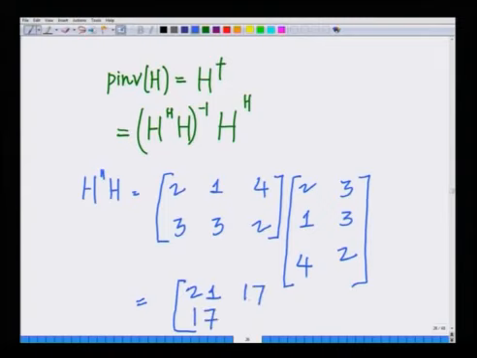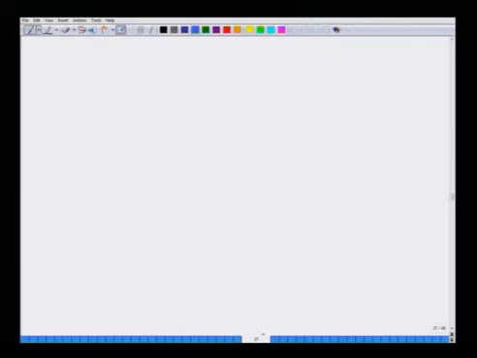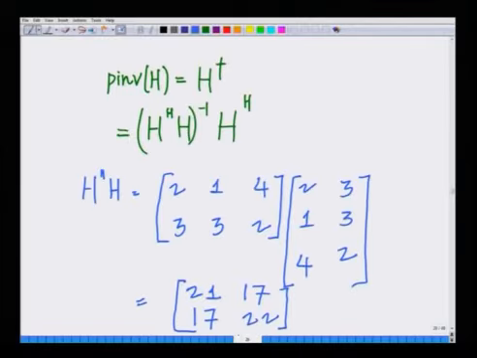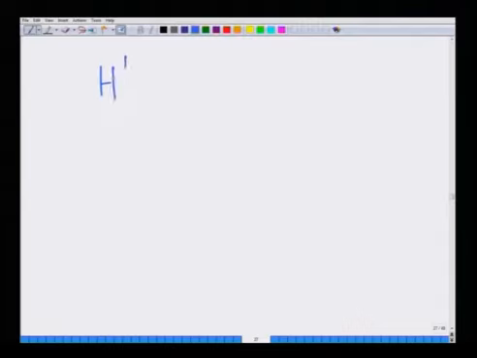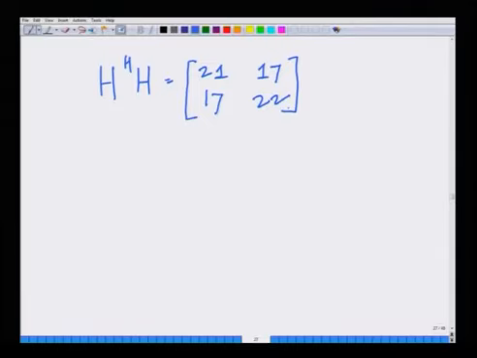This entry is 17 and this entry is 9 plus 9 plus 4, that is 22. All right, you can see from here that this is a 2 cross 2 matrix. So, H Hermitian H equals [21 17; 17 22].